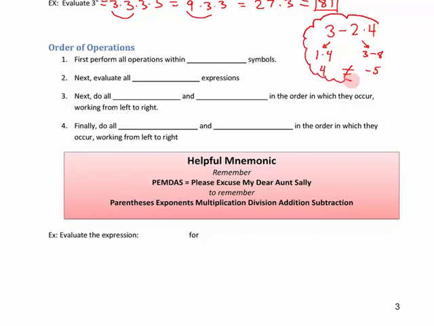So they're not necessarily the same thing. So we have to make sure that everybody that looks at 3 minus 2 times 4 can get the same answer. Okay, so what we're going to decide ahead of time is that there is going to be an order that we must do our operations in, and that order makes it so that everybody gets the same answer every time. Okay, so here's our order. First, perform all the operations within the parentheses.